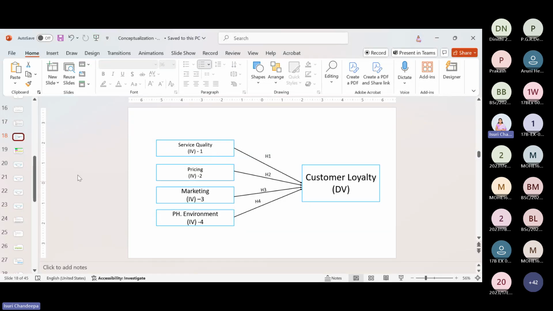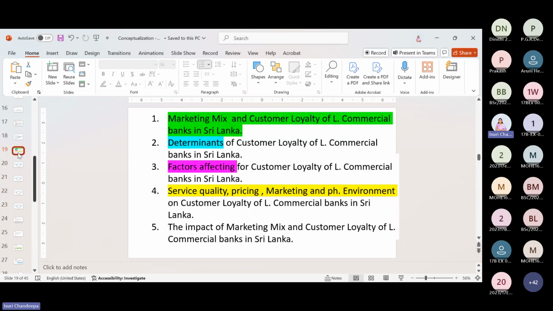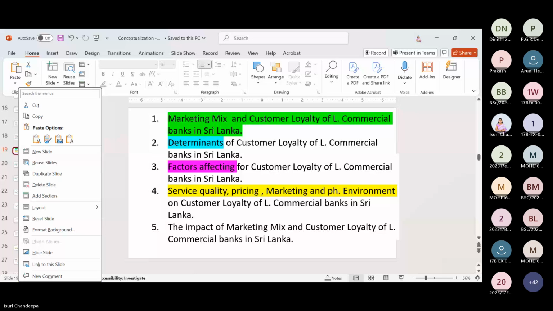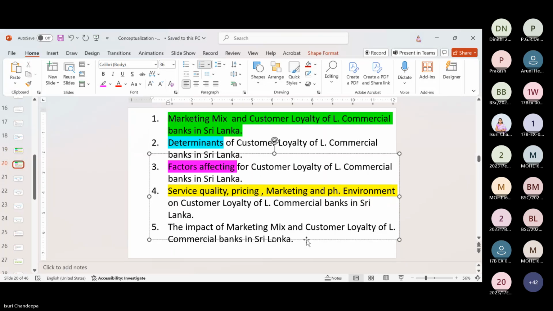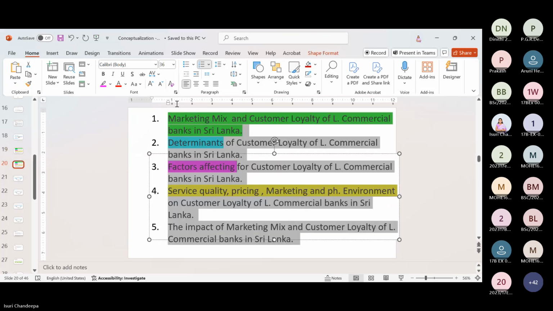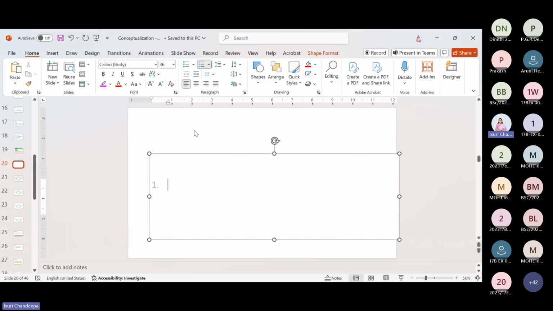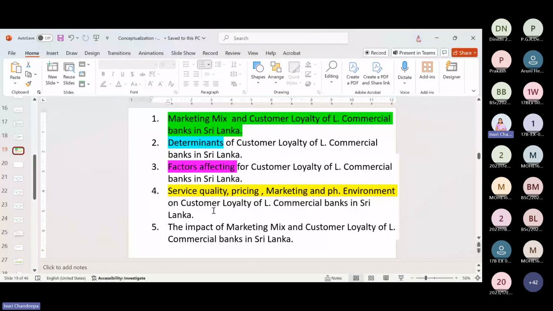So let's identify how you can develop the research question for this kind of research, right? So now you have how many independent variables? The concept is marketing mix. We are going to test the marketing mix, and then we are going to identify the 4 independent variables with the dependent variable. So very easily you can develop the question like this.